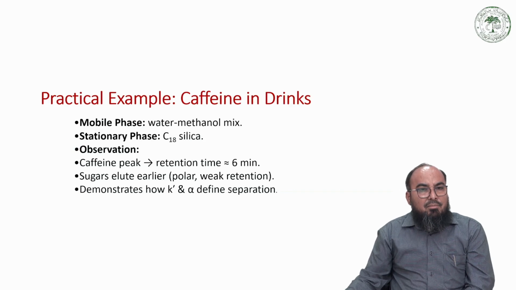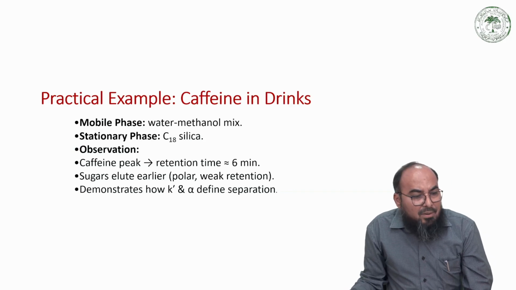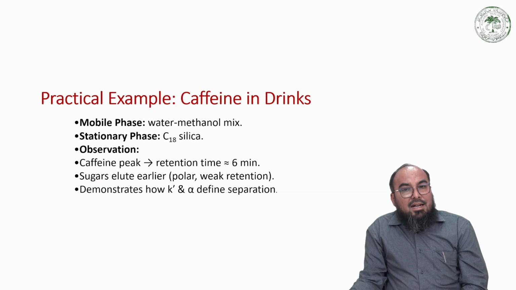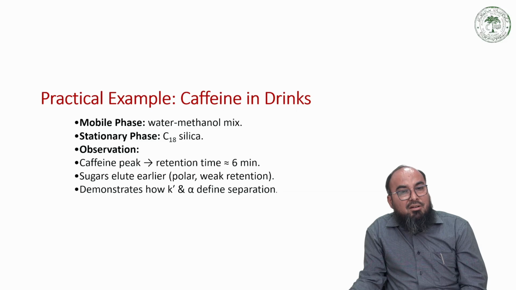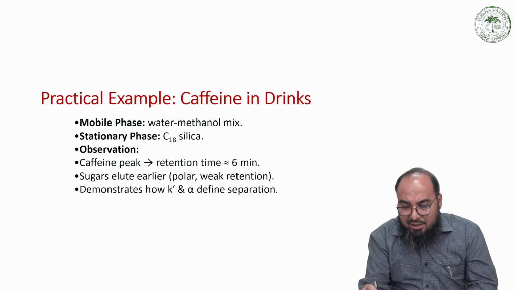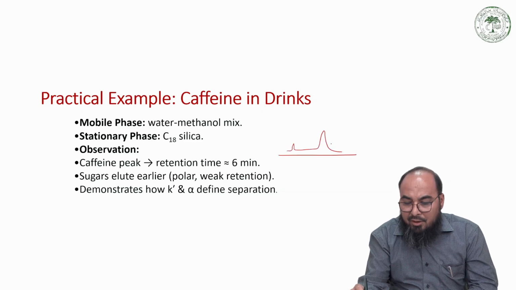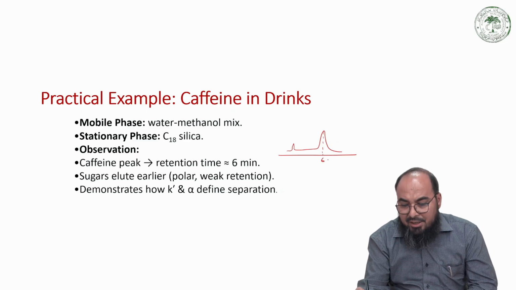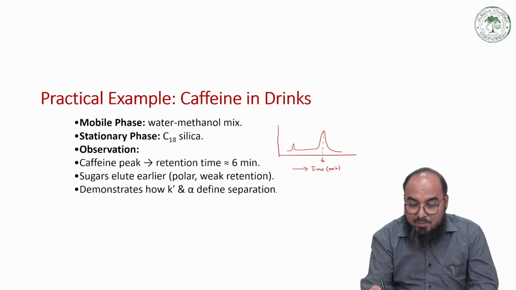So let us briefly go through some practical examples. That is caffeine. Here the mobile phase is a water-methanol mixture, and the stationary phase is C8 silica gel. We observe a caffeine peak at a retention time of about 6 minutes. Here the x-axis is time in minutes, and the y-axis is the detector response.